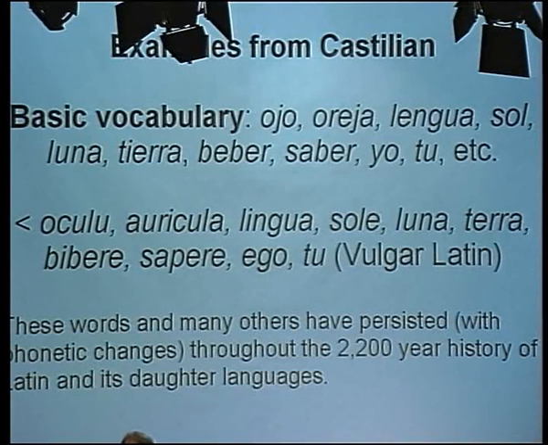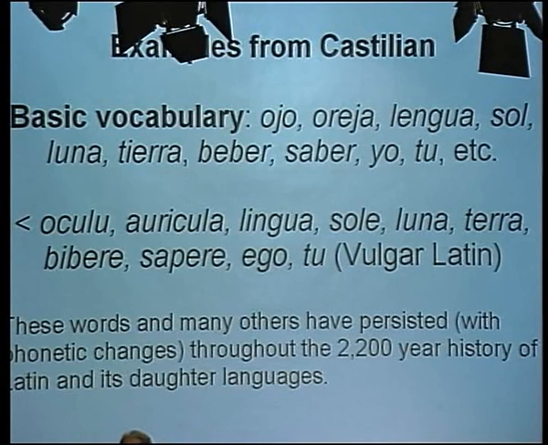The basic words for eye, ear, tongue, sun, moon, earth, drink, to know, I and you, and so on and so forth, come from Vulgar Latin, the language spoken in the Roman Empire: oculu, auricula, lingua, sole, luna, terra, bibere, sapere, ego, tu.